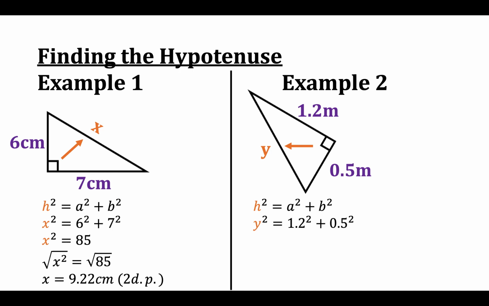So y squared is equal to 1.2 squared plus 0.5 squared. If we put that into our calculator on the right hand side, we know that y squared is equal to 1.69. We need to square root both sides of the equation so that we get y by itself. So y is equal to 1.3, and we're working in metres.